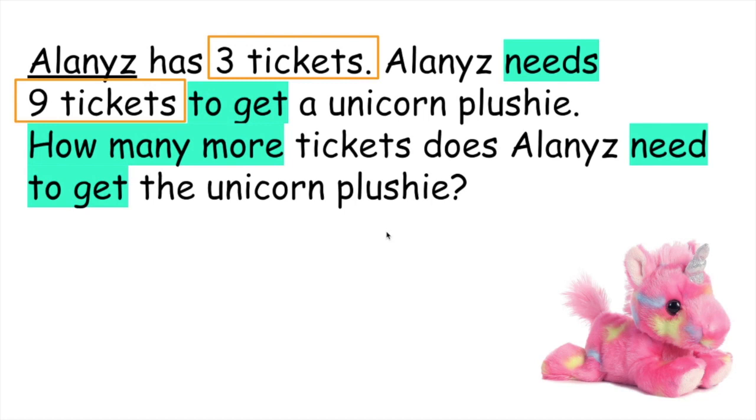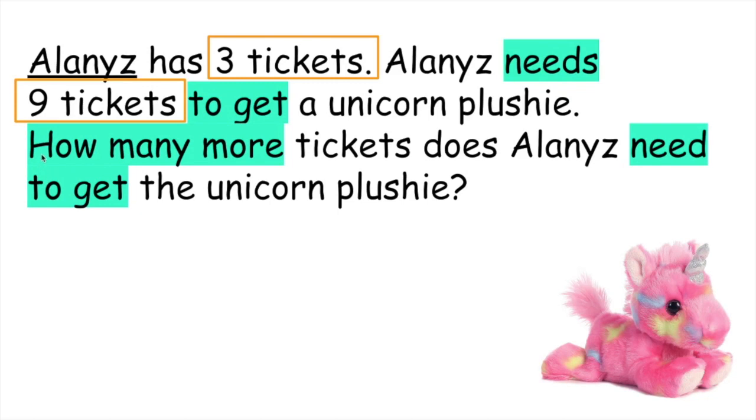Here are some things that I highlighted. I highlighted the words needs to get or need to get because this tells me that Alanis has an amount of tickets, but she needs to get some more.